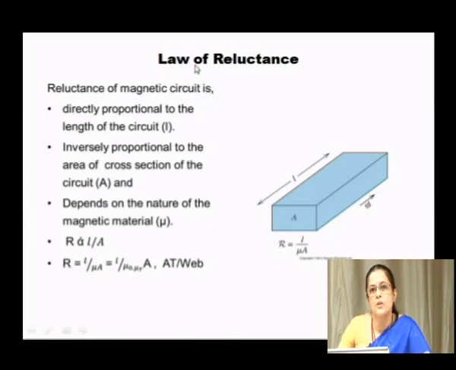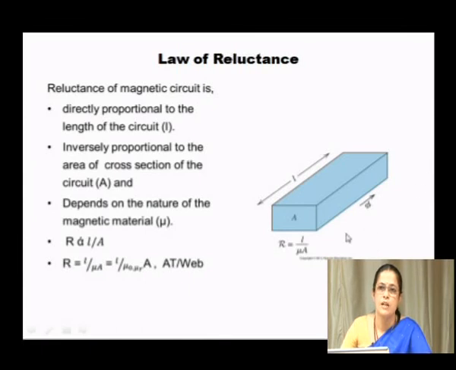Next, coming to the law of reluctance. Reluctance of a magnetic circuit is directly proportional to the length of the circuit, inversely proportional to the area of cross section, and depends on the nature of the magnetic material.